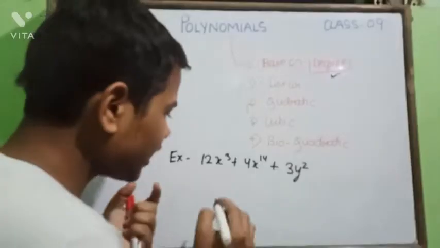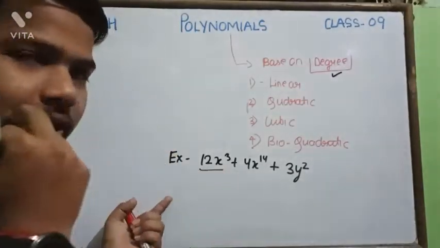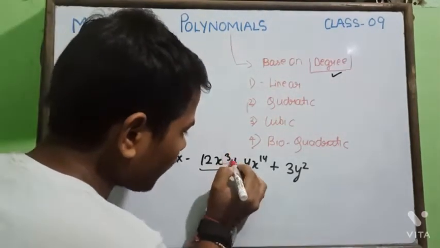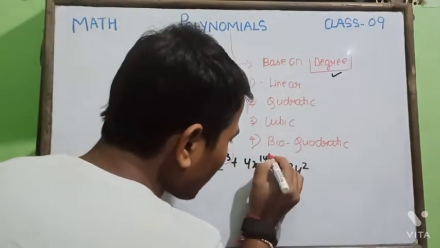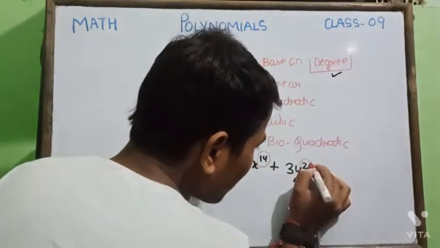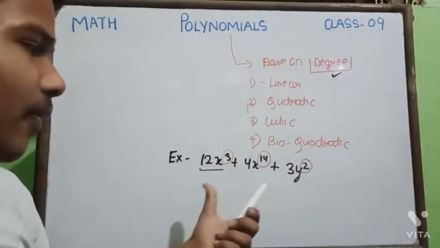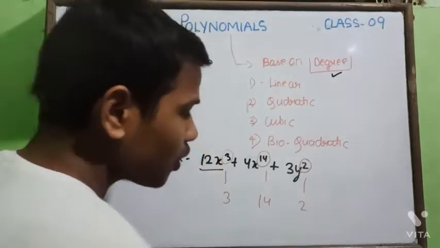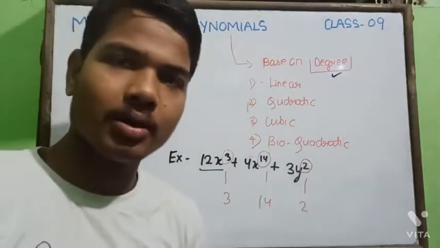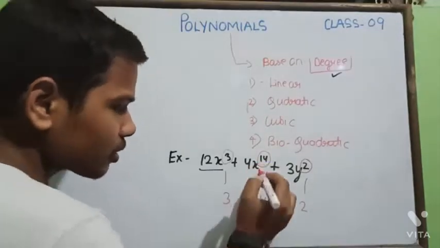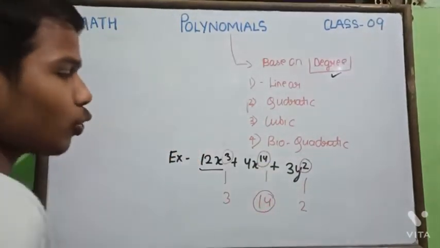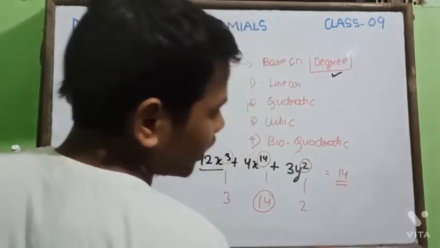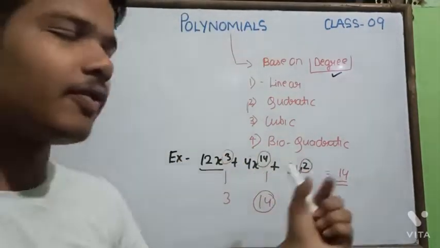Here you can see the first term 12x cube has the power 3, the next has the power 14, and the last has the power 2. Among these three powers, 3, 14 and 2, which is the highest power? That is definitely 14. So the degree of this whole polynomial is 14.